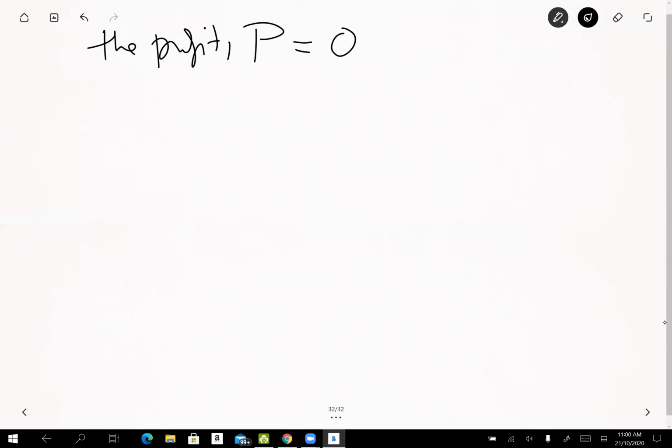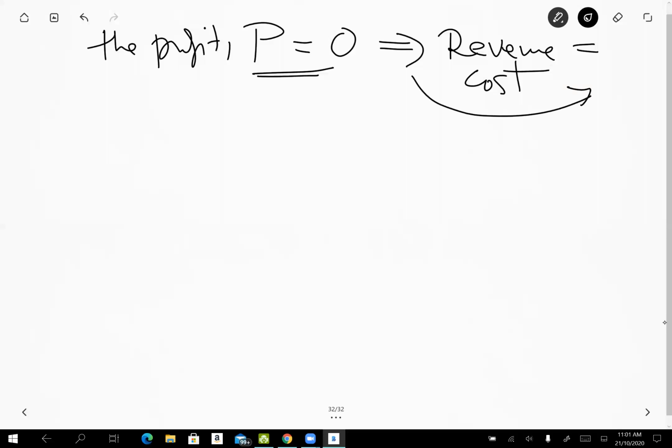It means that the revenue that you earn from the sale of your product is just equal to the cost of producing that product, or the cost of acquiring the product. So that is called break-even. In other words, profit equals 0, and then you have to relate to the revenue and the cost.